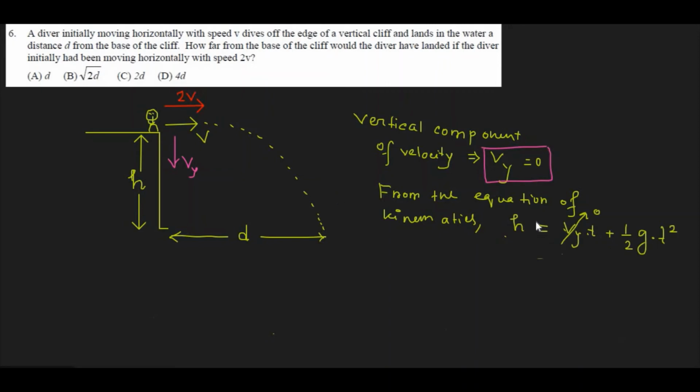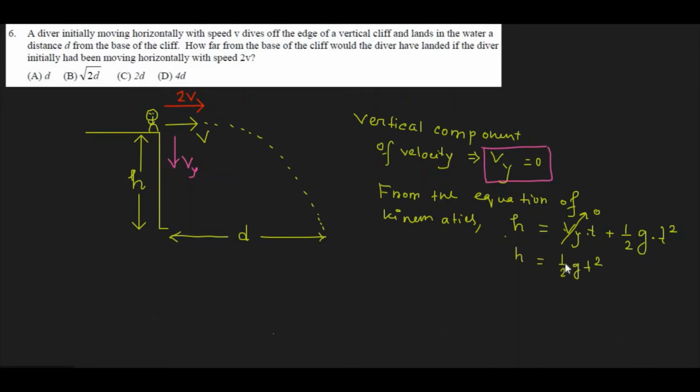In the vertical direction, the total height is h, the initial velocity along the vertical direction is 0, and the acceleration along y is the gravitational acceleration, so half times g times t square.